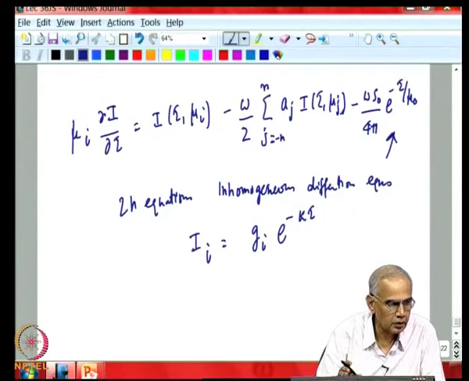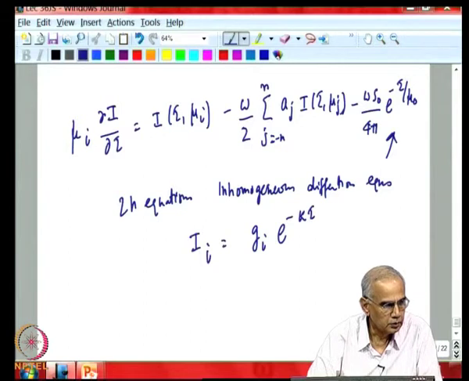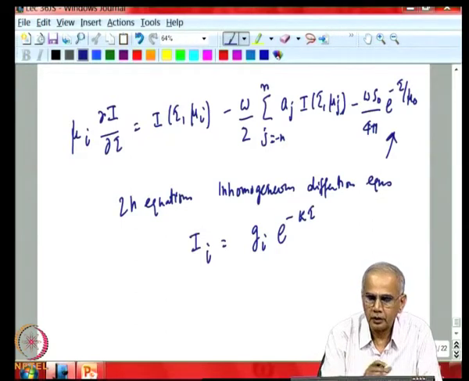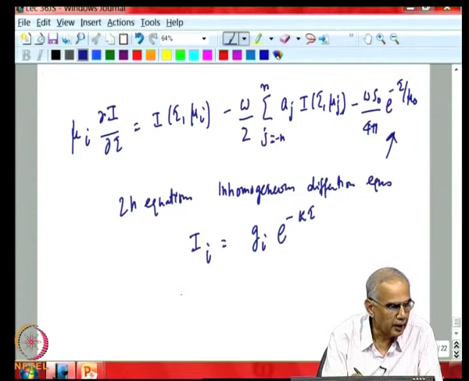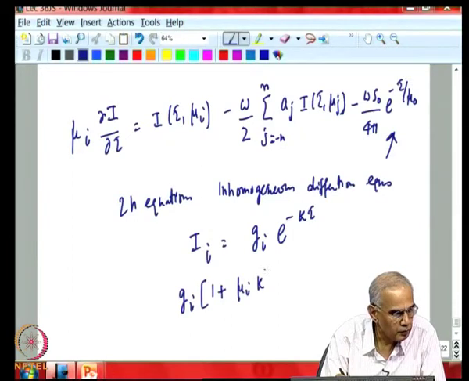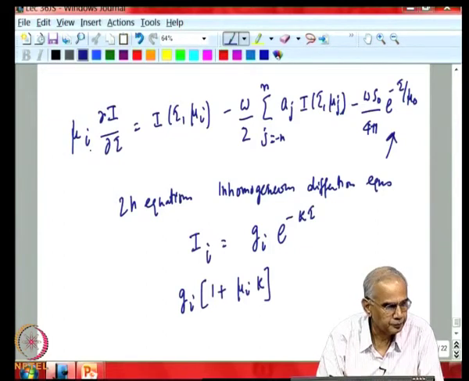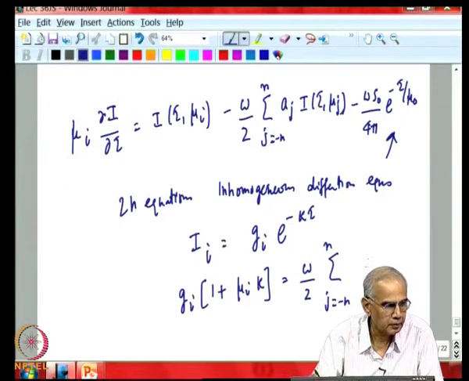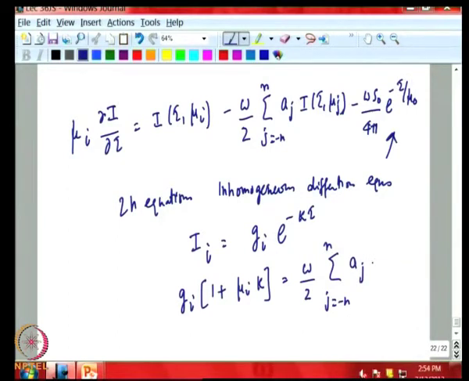So, you insert this form of the solution into the equation, and collect all the terms with the same mu direction, then you will get g_i into 1 plus mu_i k, this mu_i will come from here, okay, is equal to omega by 2 sigma j equals minus n to plus n a_j g_j.